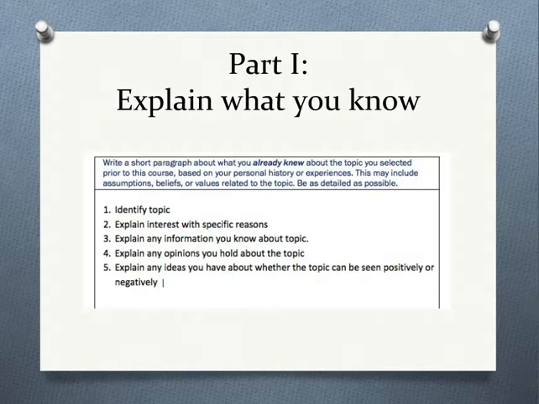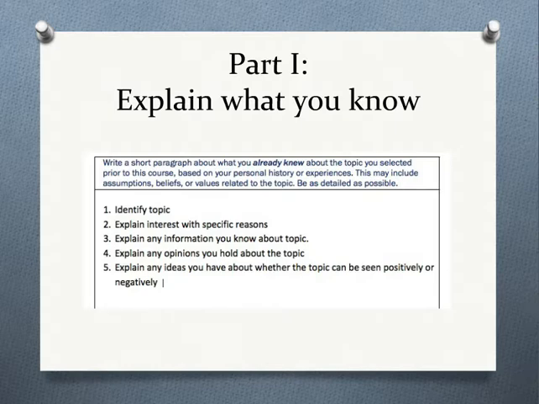Explain what you know about the topic. I know that in 1945, the United States dropped bombs on Hiroshima. Explain any opinions you hold about the topic. Because I have a family history of those in the military, I am more inclined to believe the overall argument that we dropped the bomb to help end the war early.